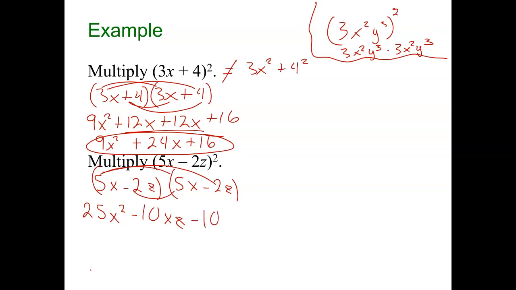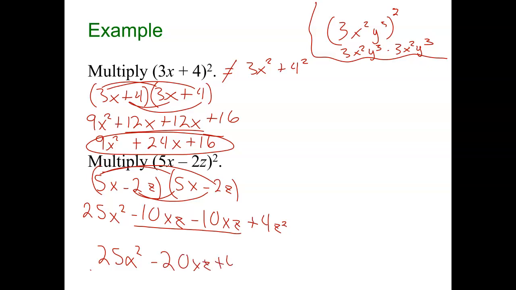Minus 10xz again. Any like terms? 25x squared minus 20xz plus 4z squared.